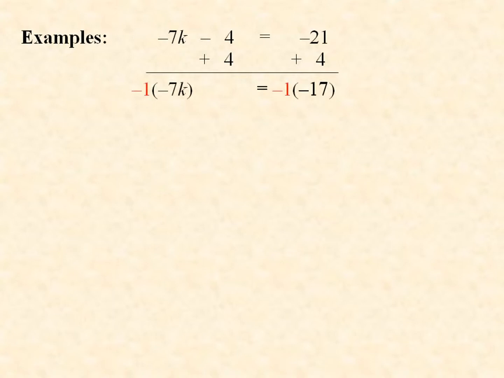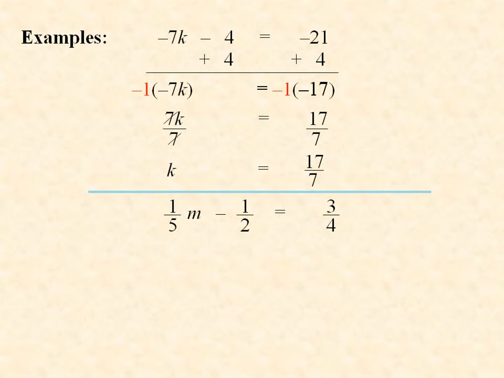But we must multiply both sides. And that gives us 7k equals 17. Now we can undo the multiplication by dividing by 7. And the 7's cancel on the left, and we're left with k equals 17/7. We will leave the fraction as an improper fraction.